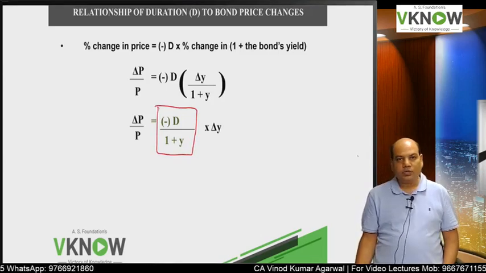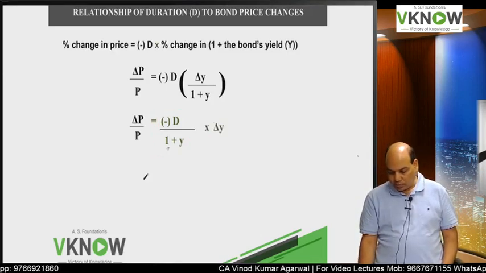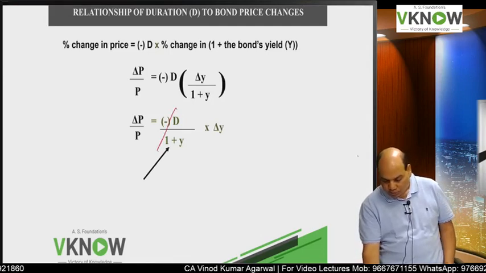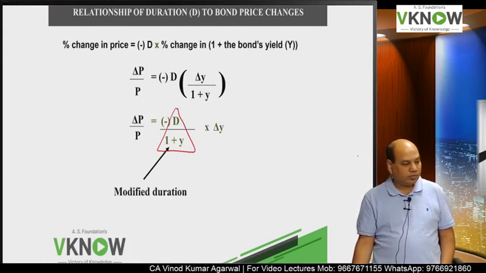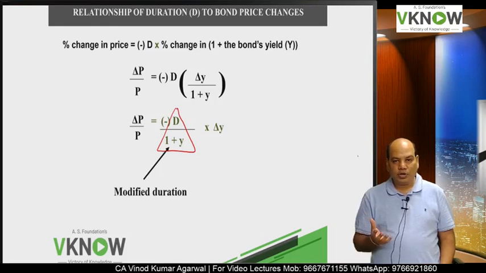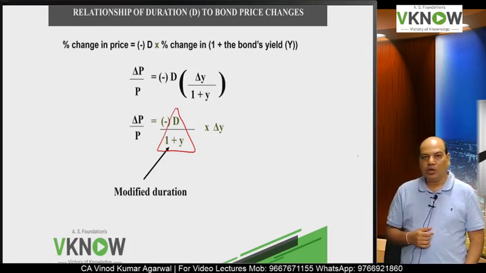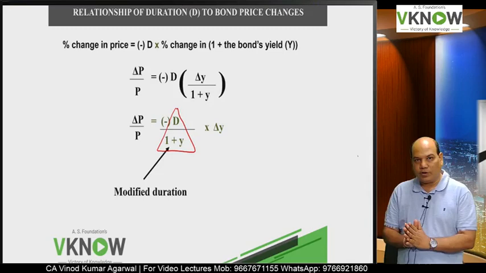This portion D upon 1 plus Y, there is a name to this and that is called modified duration. Modified duration. D upon 1 plus Y, Y means YTM, is called modified duration.